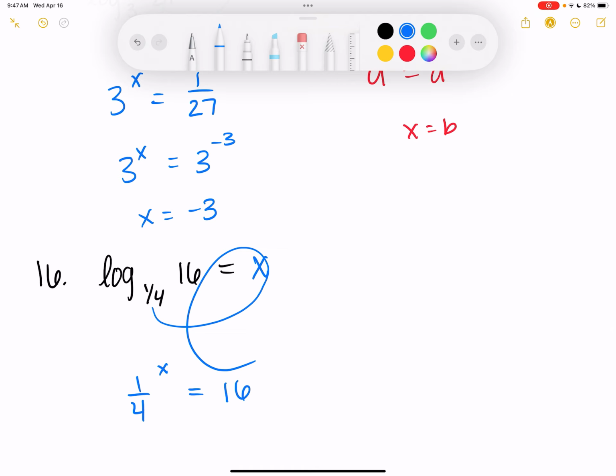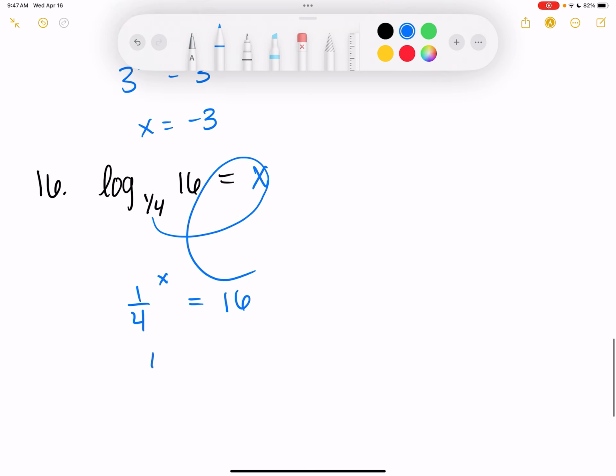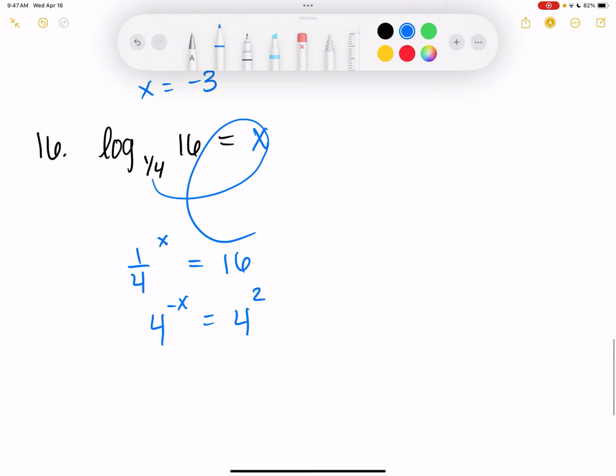What I might do with this one is write this as 4 to the -x, which is equal to 4 squared. So then, yes, Zach, you were right. -x equals 2, or x equals -2 would be that one.